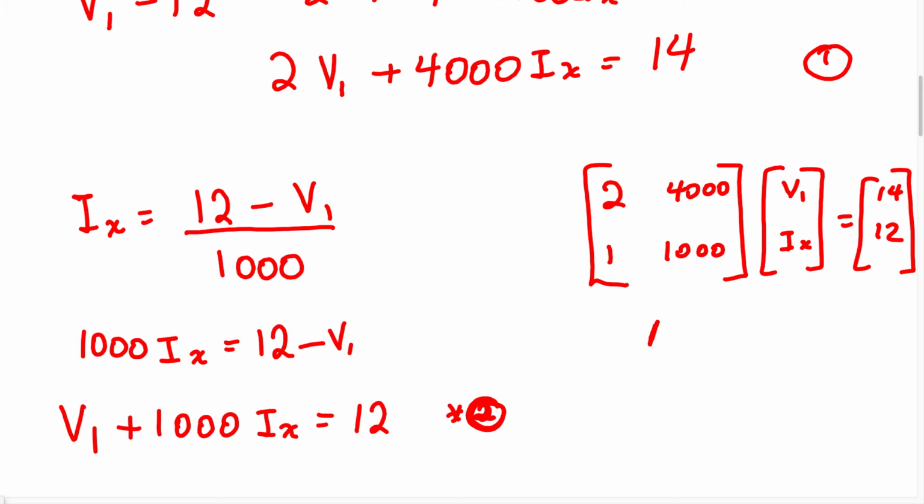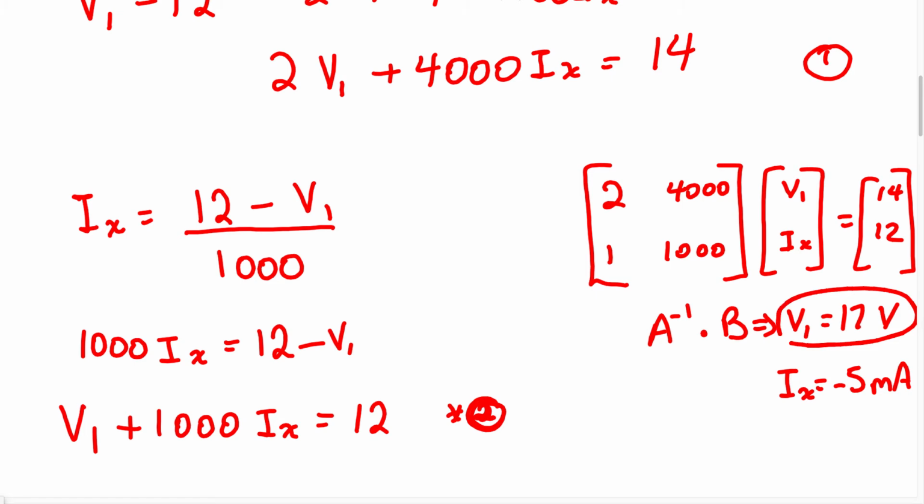So we're just going to take the inverse of A, multiply it by B. When we do that, we're going to get V1 equals 17 volts and Ix equals negative 5 milliamps. Okay, so we found V1, which is the voltage at node 1, and we found the current Ix.